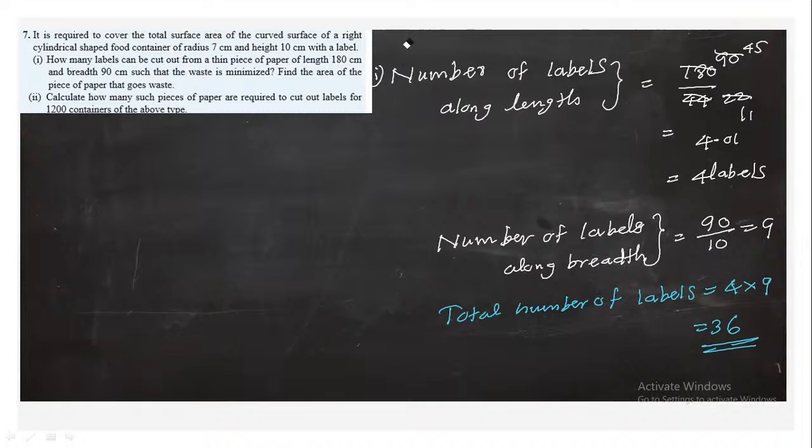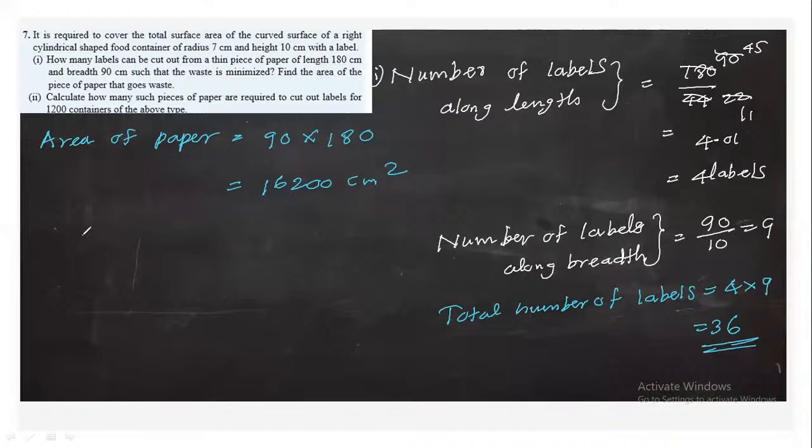That 36 labels we can cut. This question asked about waste. So, area of paper is 90 into 180. That is 16,200 square centimeter. And the area of 36 labels.